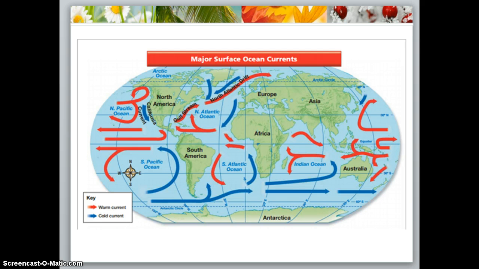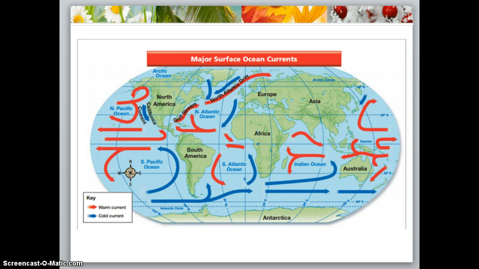And remember when we talked about convection, that warm will push cool out of the way. So that's why we're seeing some circular motion. And because this map is flat, we don't see all of the circular motion. But if we were to be looking at this as a globe, you would see that it is much more circular.